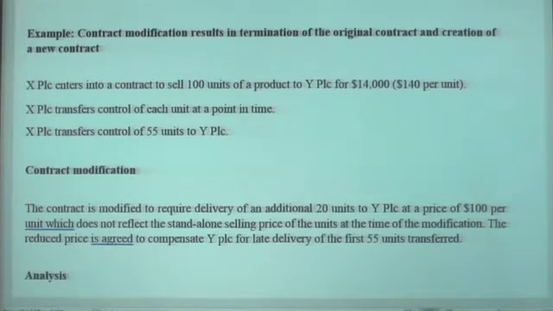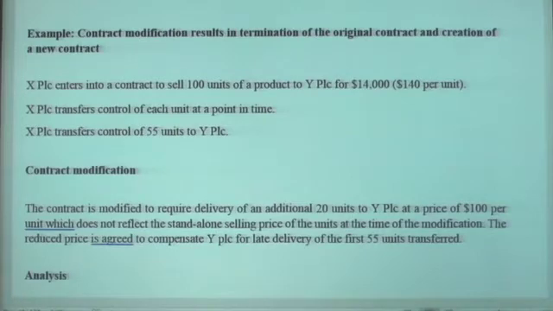The reason is the new price of $100 offered for the additional 20 is not a standalone price. A standalone price means a price independent of the original contract, but this 100 is not an independent price. The reason is they reduced the price to compensate for the delay. Therefore, you have to add these 20 units to the original contract.